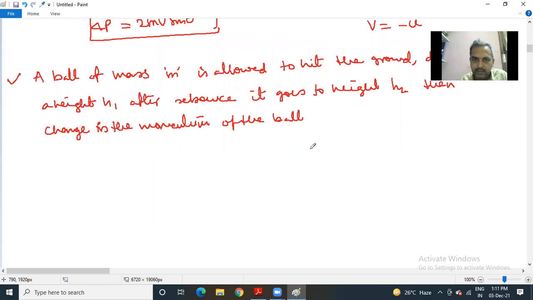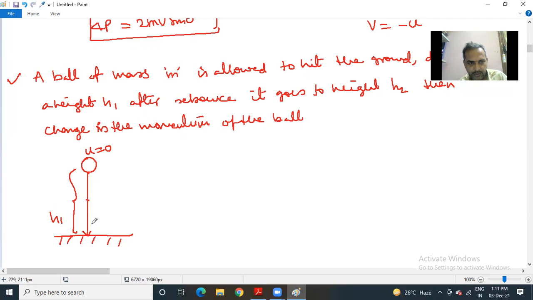Let us try to understand the sentence with the help of a diagram. Let us say this is the ball allowed to fall freely, and this is the path along which it moves. It hits the ground, having fallen from a height h1 with initial velocity 0. At the time it hits the ground, it acquires final velocity u1.